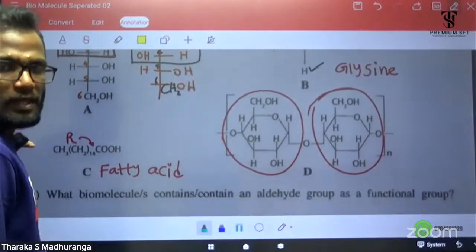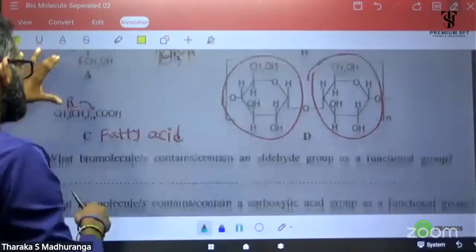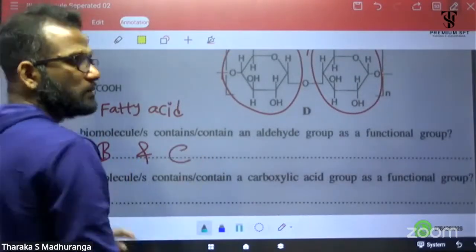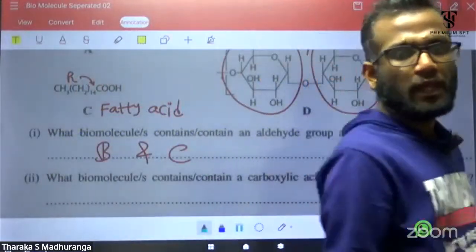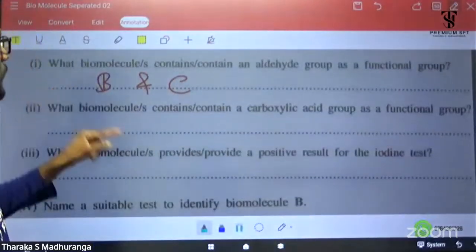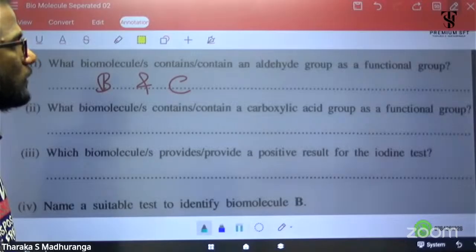Only B and C, amino acid and fatty acid. B and C. Amino acid and fatty acid. Which biomolecule contains a carboxylic acid group as a functional group?